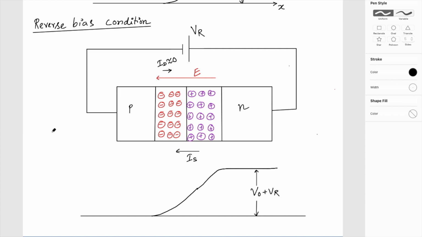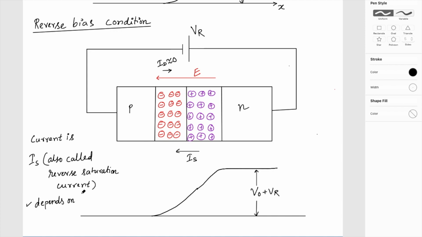ID is almost equal to zero. So the current in this condition is IS, and it is also called reverse saturation current. It is dependent on the temperature because this IS is dependent on the minority charge carrier, which is dependent on the temperature.